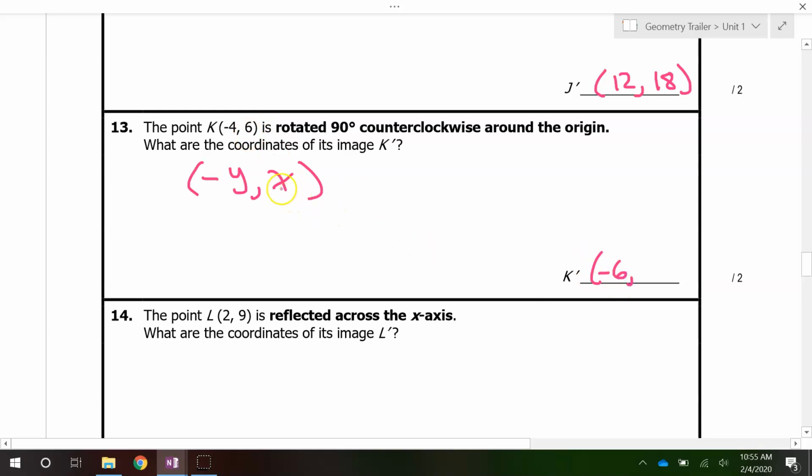And then x stays whatever it is. And x is -4, so it just stays -4. Again, notice that just because this x doesn't have a negative sign on it, that doesn't mean that this is going to be positive. This x means just keep x whatever it is. So if x is -4, then it stays -4.